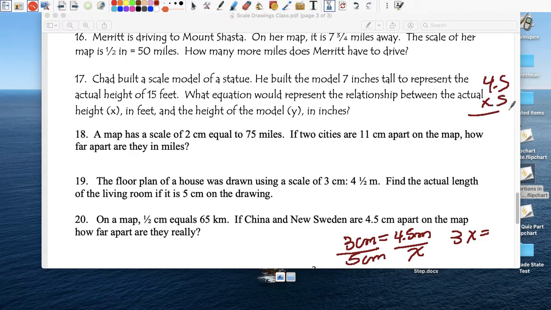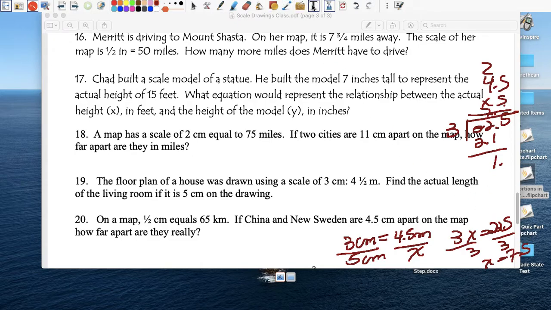We get 22.5. Divide both sides by 3, and x equals 7.5.